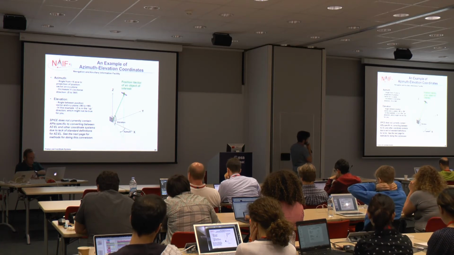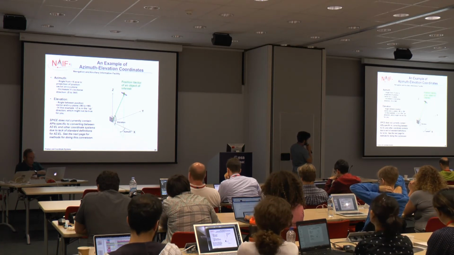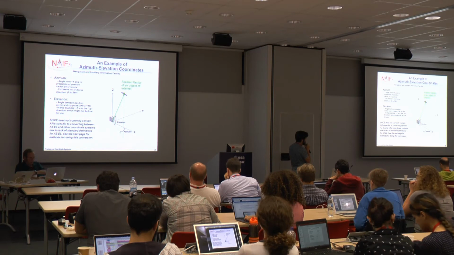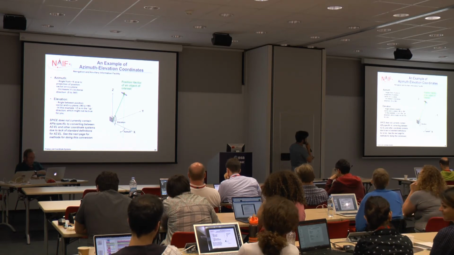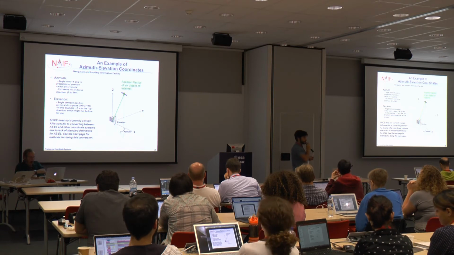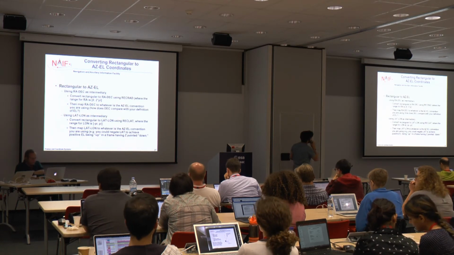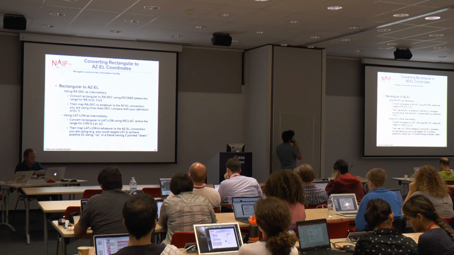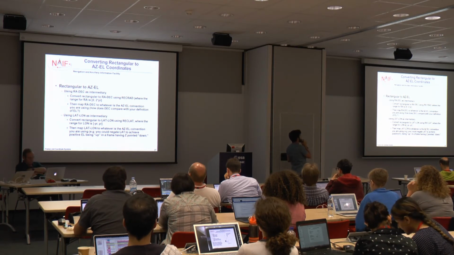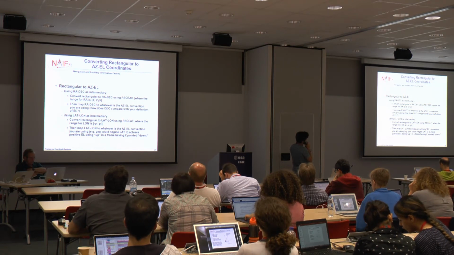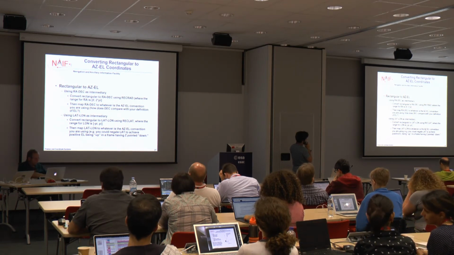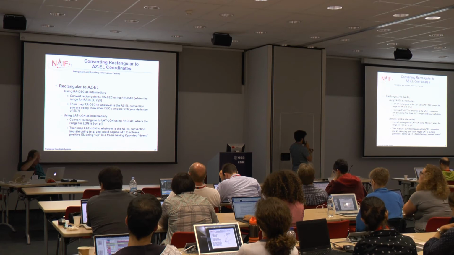But for example, intuitively for myself, I would have used a counterclockwise definition for azimuth, for instance. Okay, so how could we convert between rectangular and azimuth elevation coordinates? First of all, as an example, we go from rectangular to azimuth elevation.